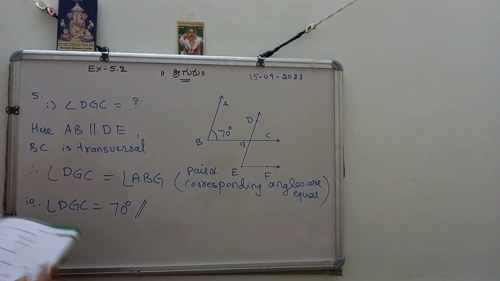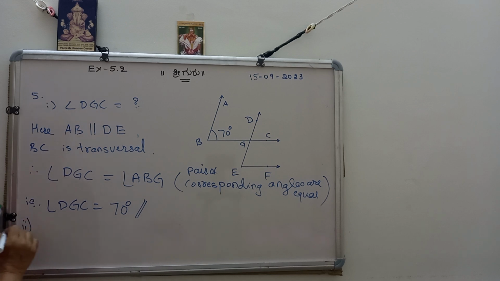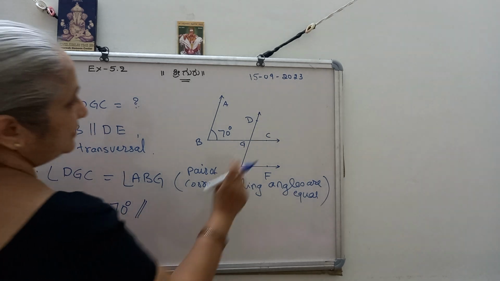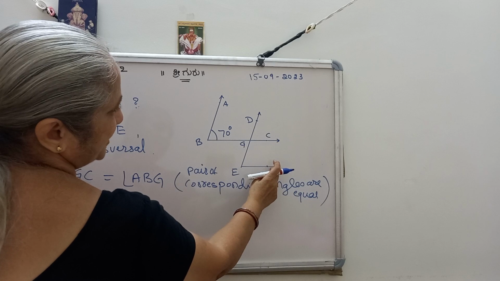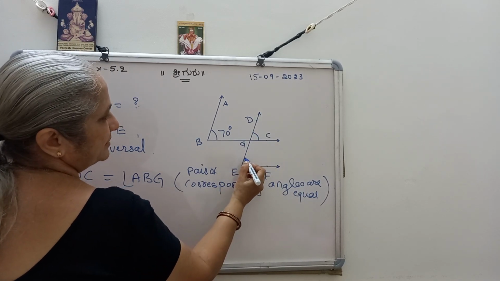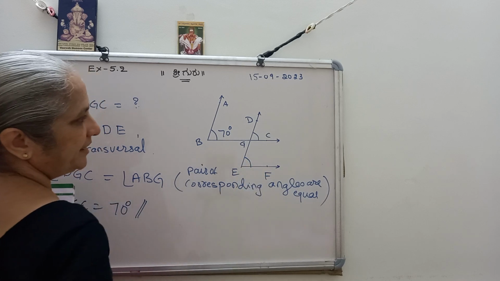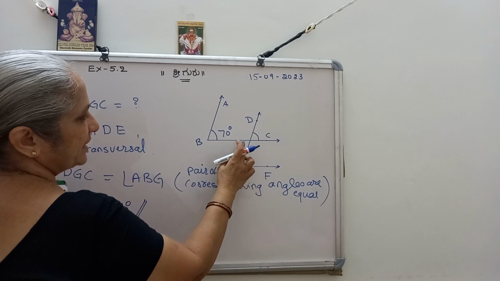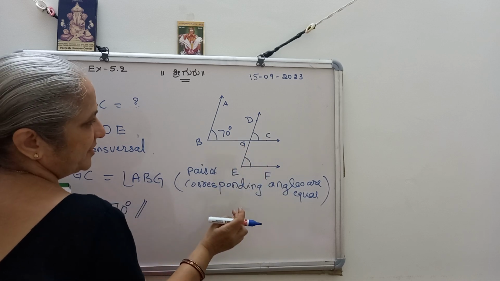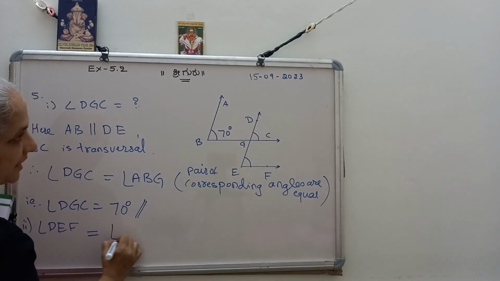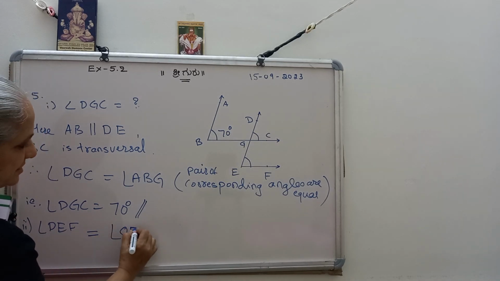Now, second one, angle DEF. This angle is equal to 70 degrees and this angle is also 70 degrees. Why? Because angle DGC is equal to the angle GEF.